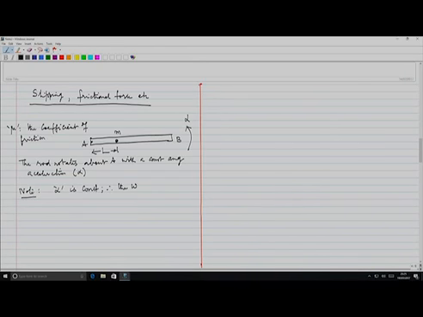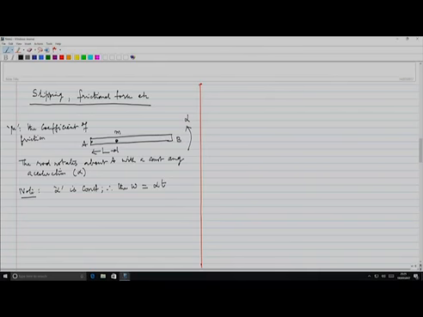It has to depend on time, therefore the angular velocity has to be alpha times t. The reason is, if I take d omega by dt, I get my alpha. So the first thing we should realize in this problem is that angular velocity is not constant. It varies linearly with respect to time.